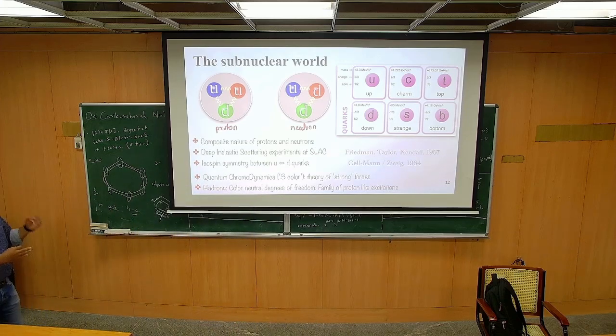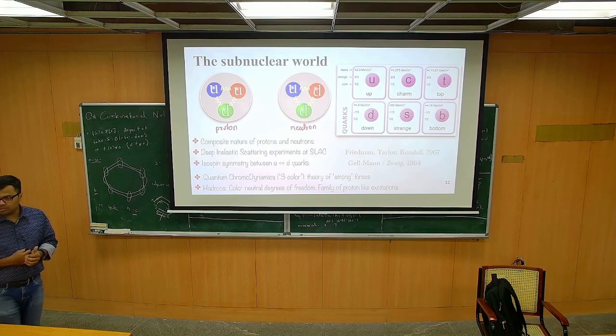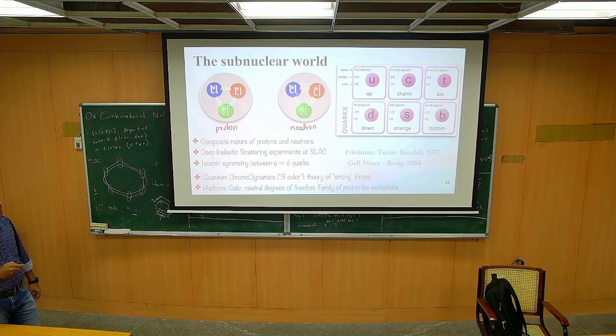Now, this same idea can be extended to quarks. I already said that a proton is composed of 3 quarks, 2 u quarks and a d quark. A neutron is composed of 2 d quarks and a u quark. And from various experiments and other indirect knowledge, we now know that there are 6 different kinds of quarks: up, down, charm, strange, top and bottom.